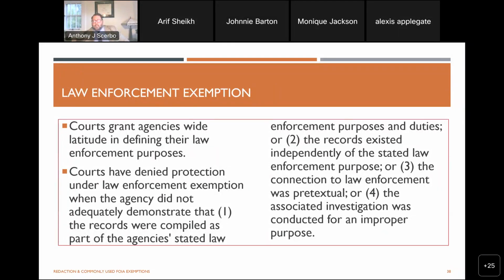So again, the court will, in fact, dig on the question of whether the attempt to establish a law enforcement connection is pretext, or four, the associated investigation was conducted for an improper purpose. And there are cases where, again, the court determined the investigation was improper, therefore the records will in all likelihood not be subject to the exemption.